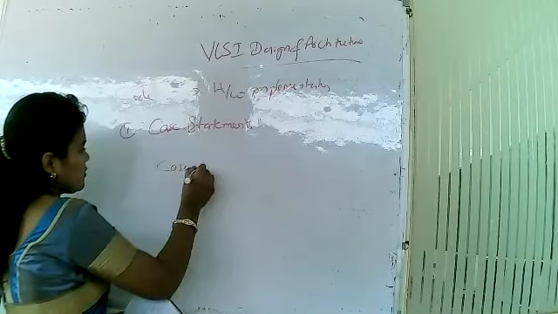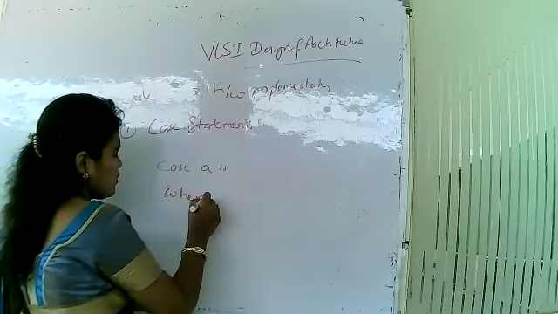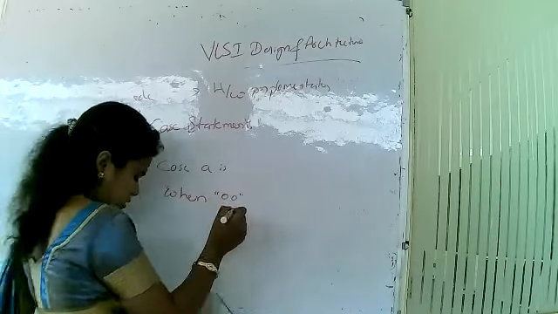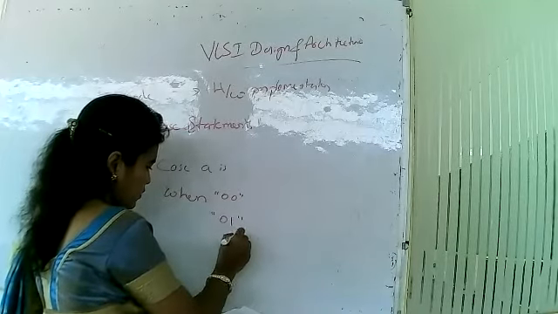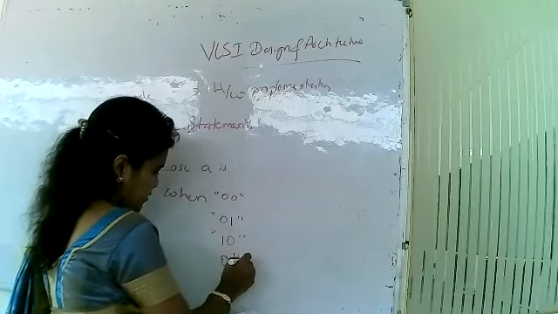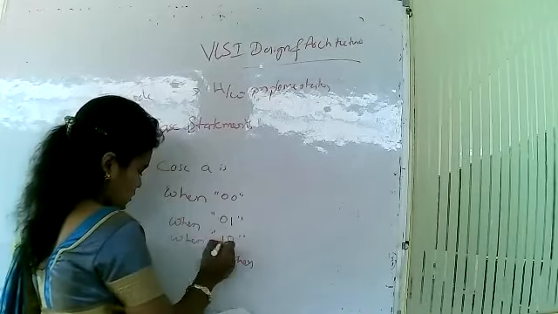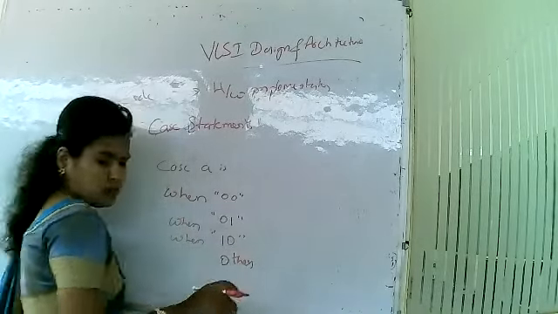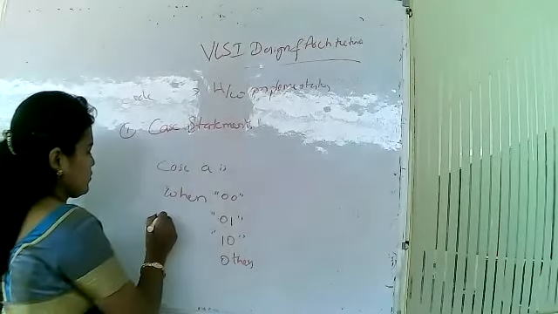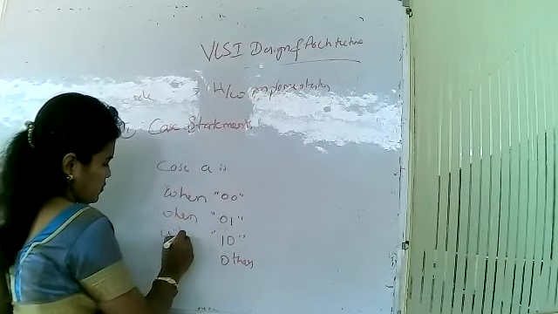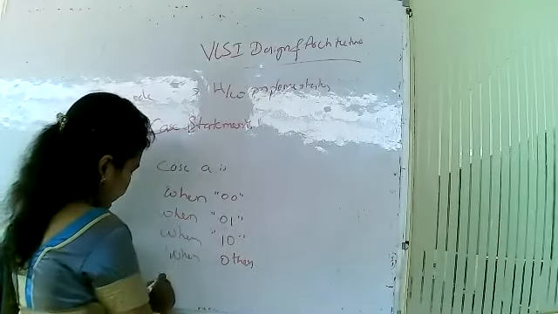First, case A is, when K is 100, 101, 110, and others.